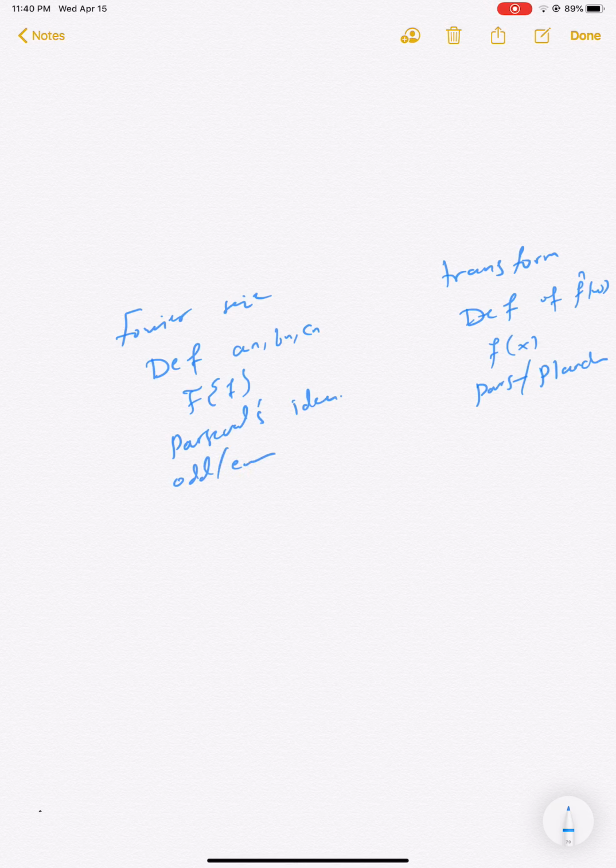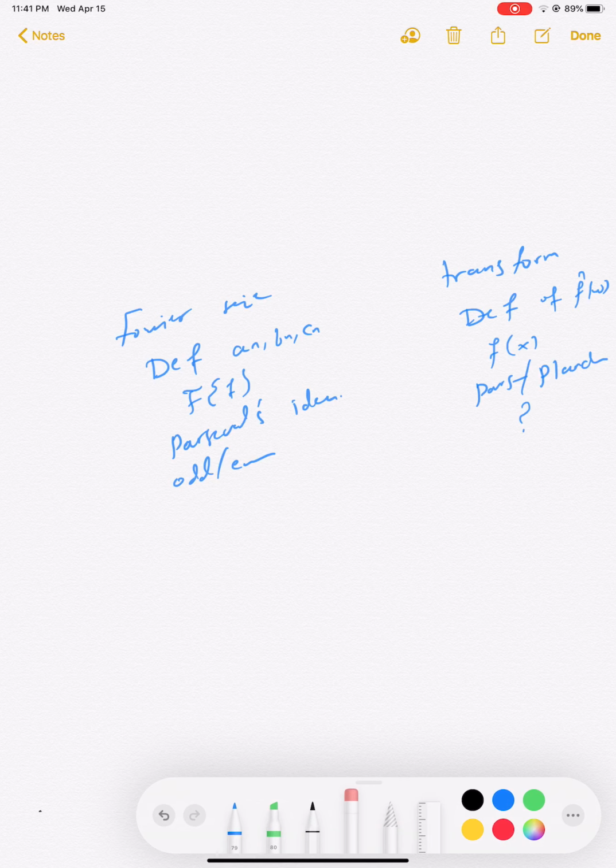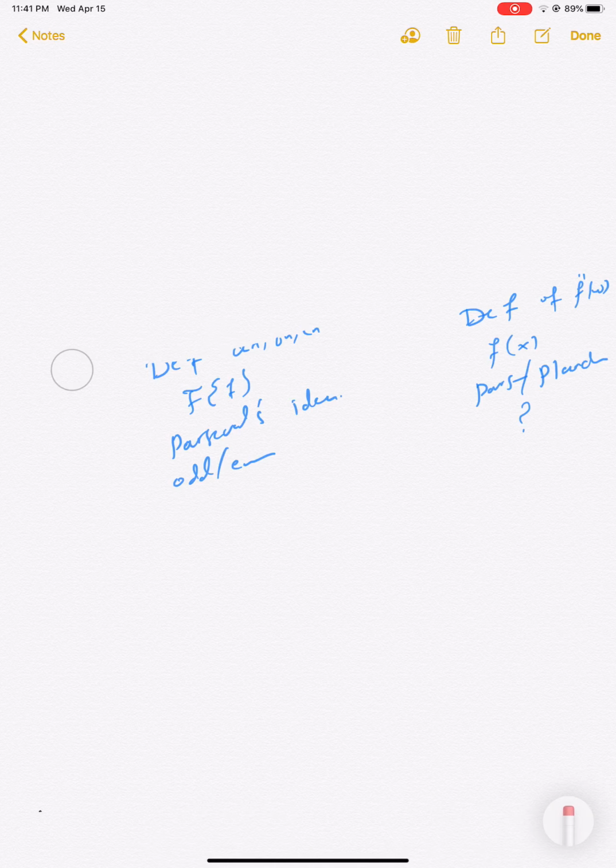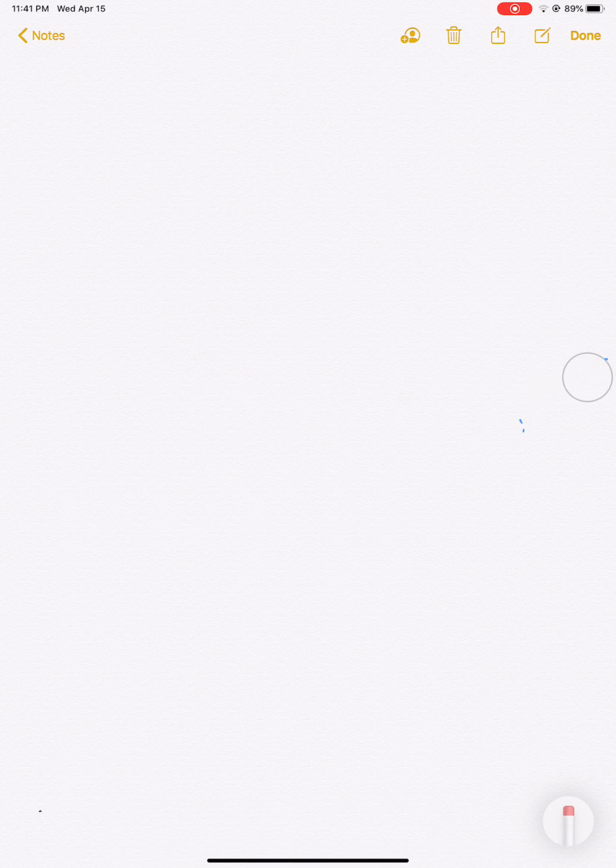Remember, if the function is odd, we see only a series composed of sines, and if the function is even, we see the constant together with cosines. Now, with the same alignment, we are going to see what happens if the function is even or odd in case we're dealing with the Fourier transform. So just keep this comparison in mind, how the two concepts are going parallel in the same way.